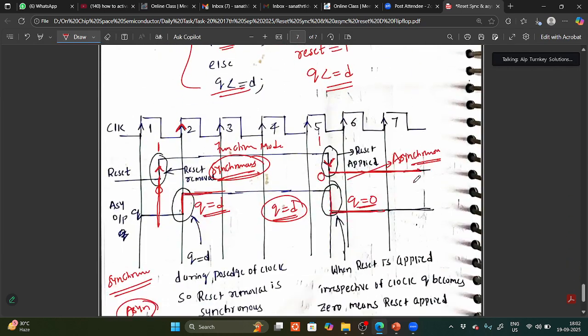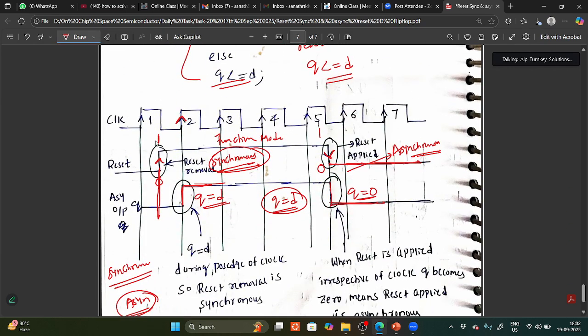In asynchronous reset, during reset mode to functional mode, this is synchronous only. If the clock is not working and you want to reset the circuit, here you see, reset applied is independent of clock. Irrespective of clock, directly you can reset the circuit.